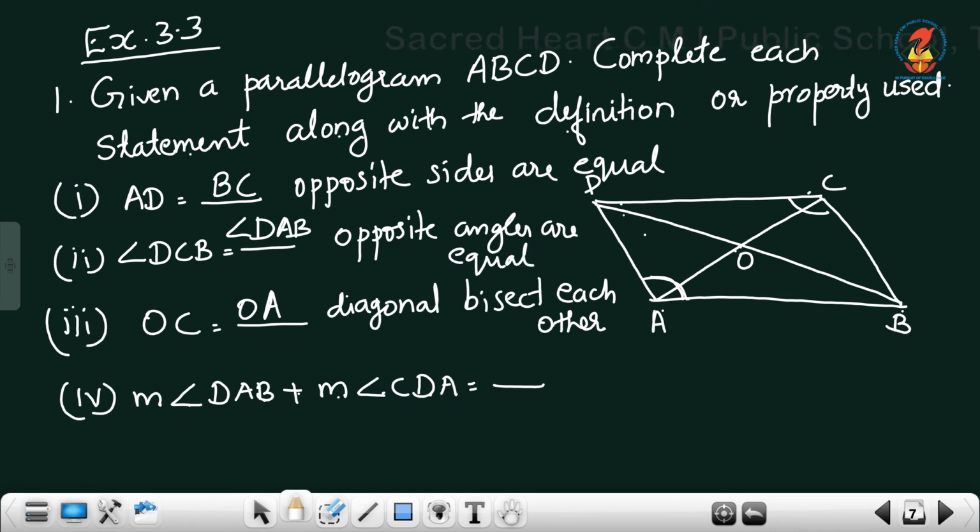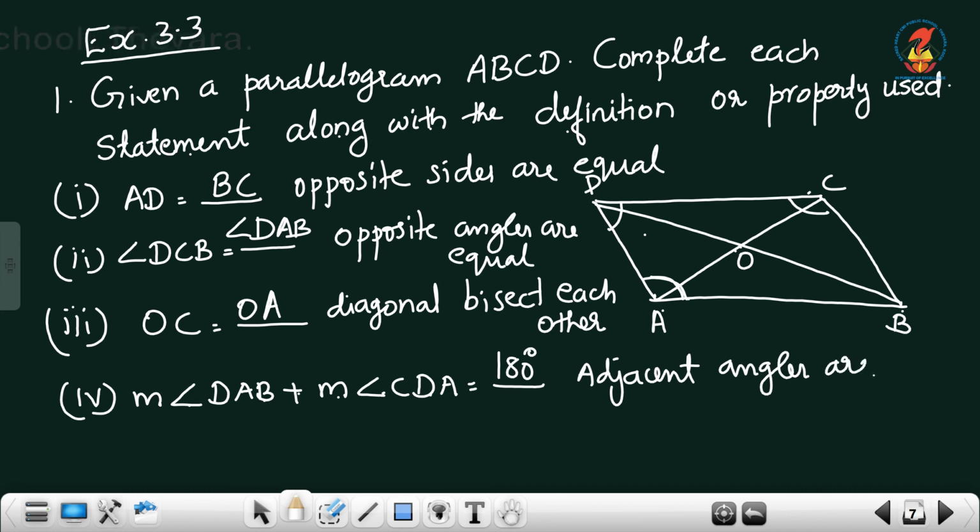Angle CDA, this angle. These two angles are adjacent angles. The sum of these two angles is equal to 180 degree. Reason, adjacent angles are supplementary.